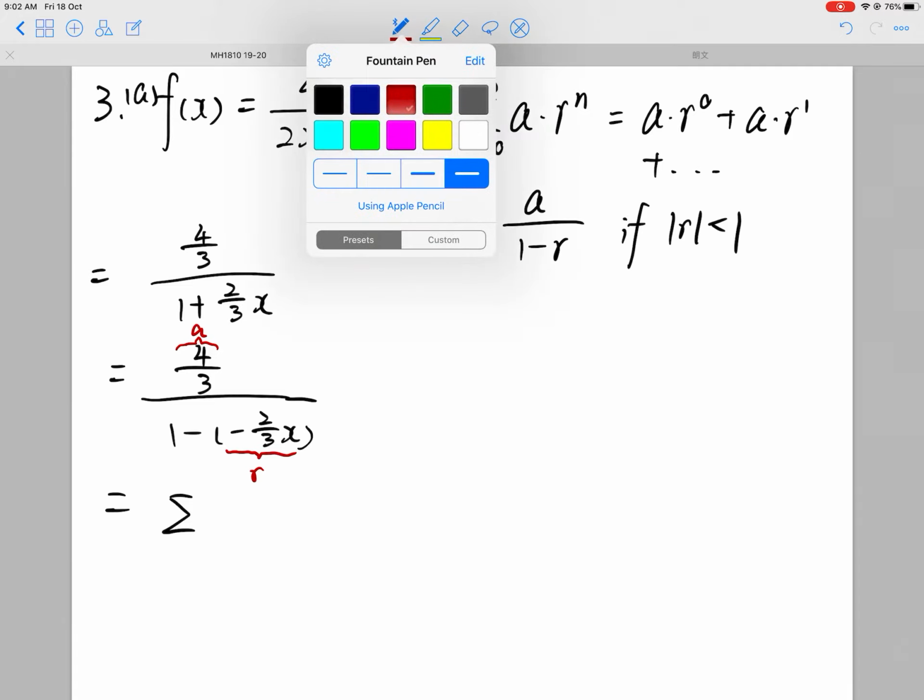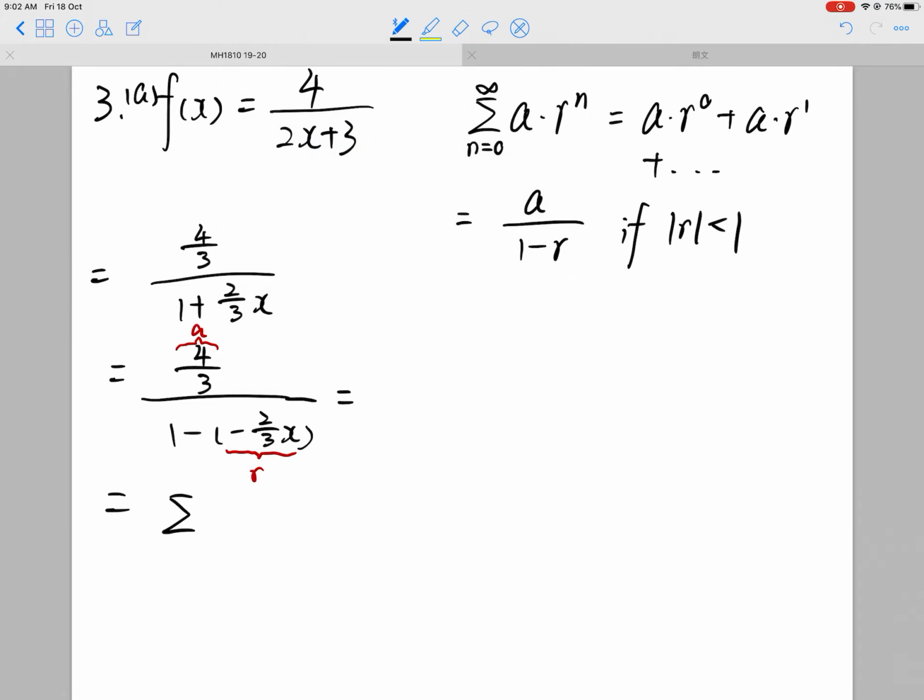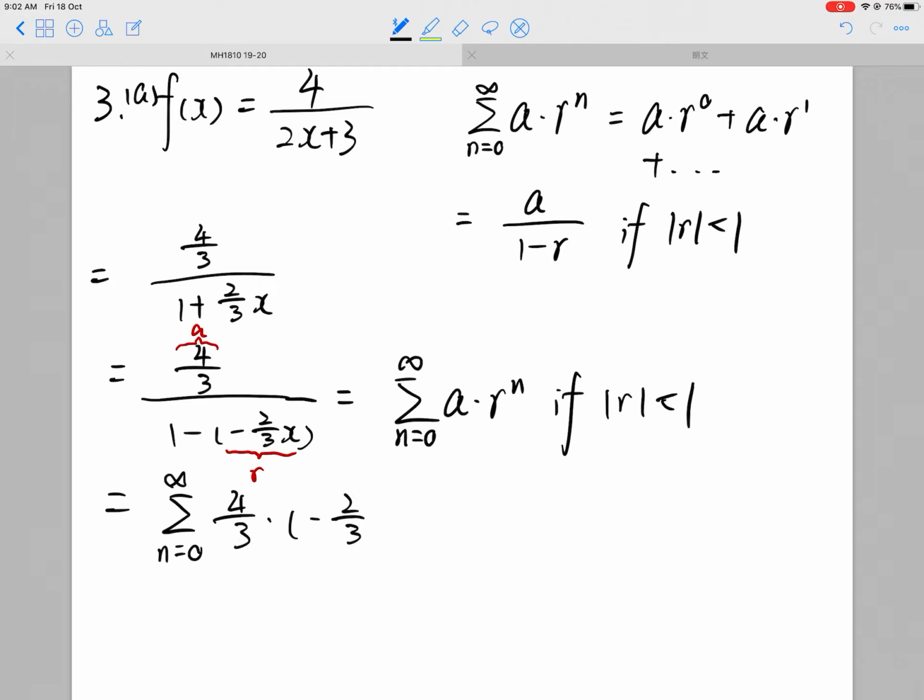It is the summation for n from 0 to infinity of a times r to the power of n, if the absolute value of r is smaller than 1.